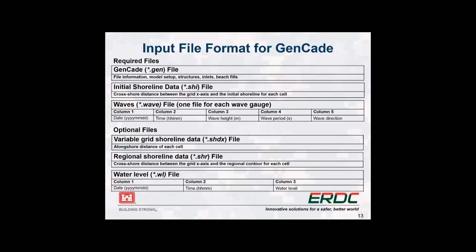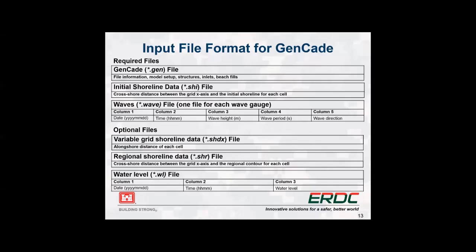Anyway, you have your .gen file, which has all your file information, the model setup, structures, inlet reservoirs, and so on. The initial shoreline file, the SHI file, gives you the cross-shore distance between the x-axis and the initial shoreline for each cell. The waves file, theoretically you could have one wave file for each cell. Typically that's not the case, but you have one wave file for each wave gauge.